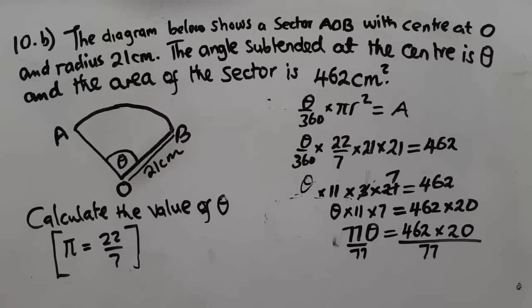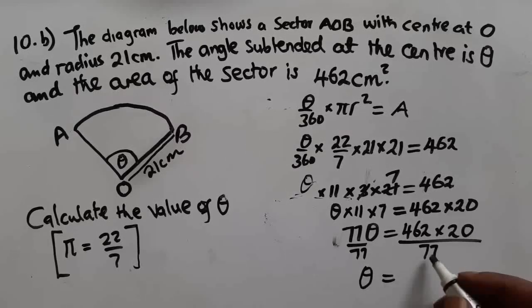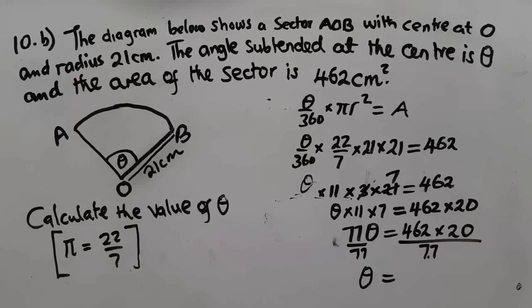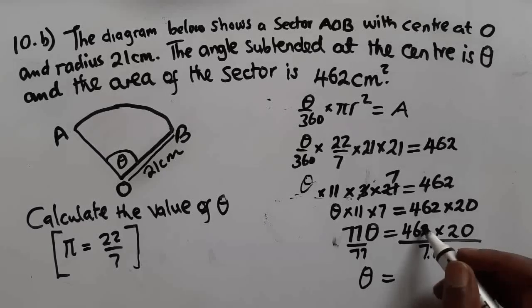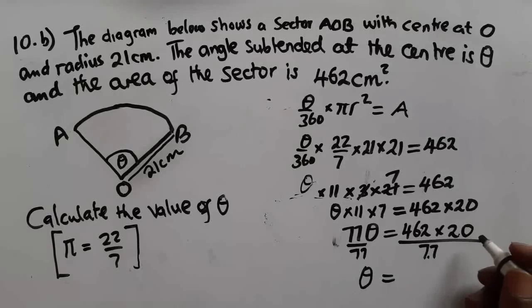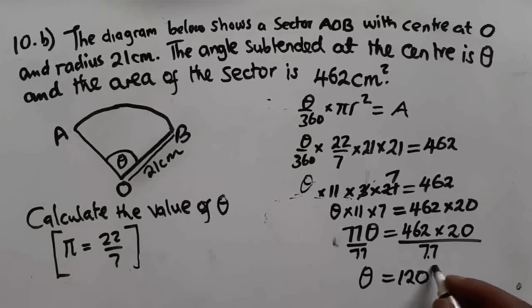All right? So we are going to have theta is equals to, can you divide 77 into 462? How many times? We are going to get 6, isn't it? 77 goes 6 times. So 6 multiplied by 20. What do we get? We are going to get 120 degrees as the value of our theta. Are we there?